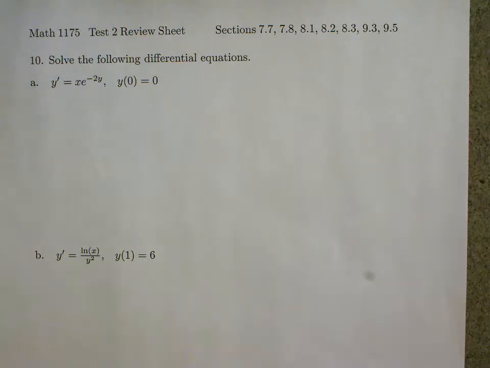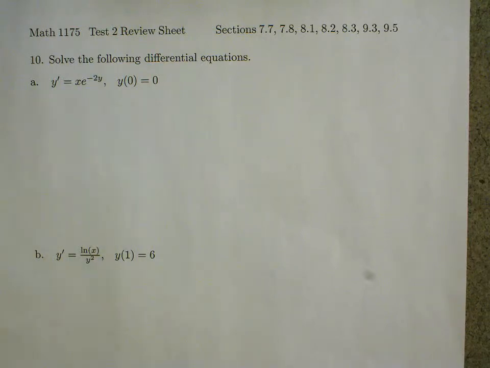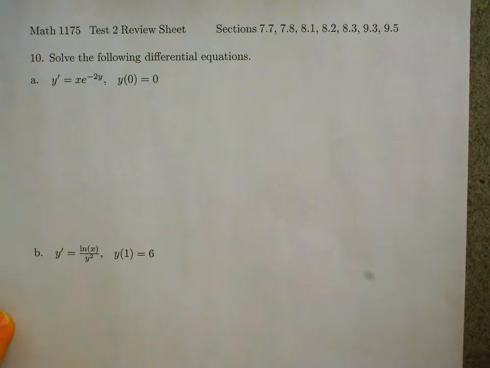Those are the only two that you're going to have to know how to do for the test. So what kind is this one? Y prime equals x times e to the negative 2y. It's separable. Is that what you said?